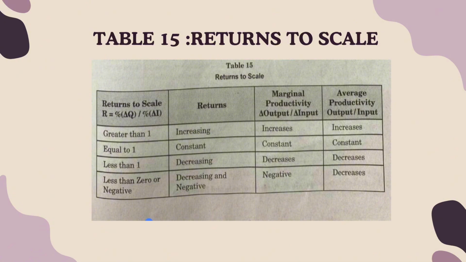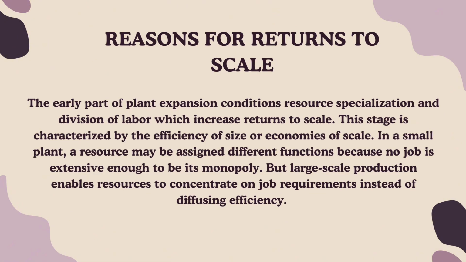Output increases as fast as resource inputs as the efficiency of resource inputs is constant. The third stage has decreasing returns to scale with R less than 1. This time, output lags behind the resource inputs as the latter becomes less and less efficient. The last stage has negative returns to scale, with R less than 0, or negative. At this stage, output decreases despite plant expansion as resources become more and more inefficient.